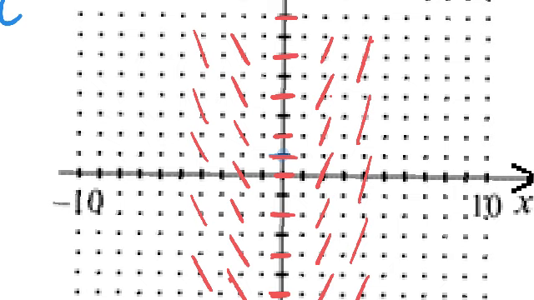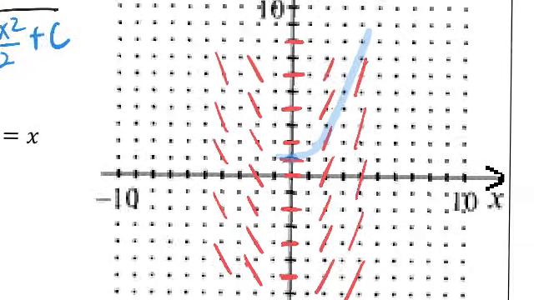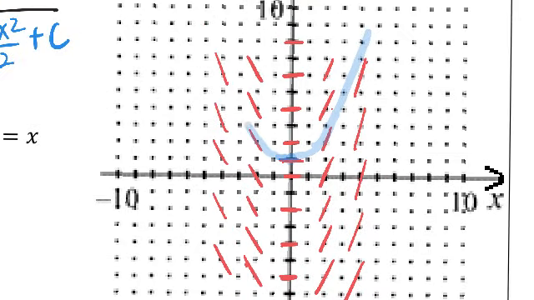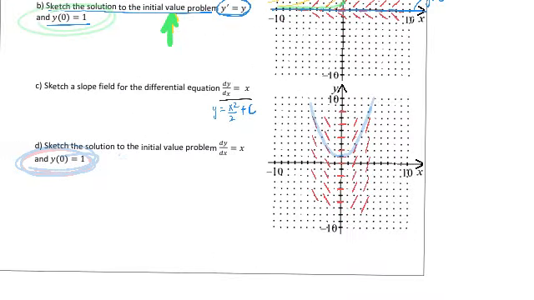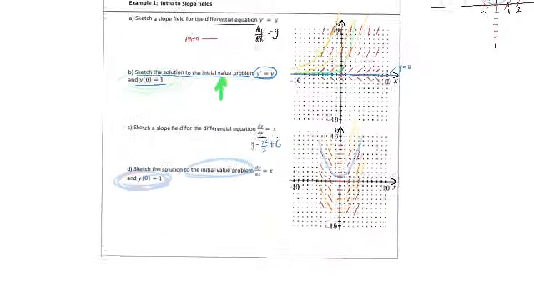So I'd have to start there and then follow that and think about as I'm going, as x is getting bigger, the slopes are getting bigger, and so it's going to end up looking something like this. And then on the other side, it's getting more and more negative, so there it's going to look like that. So that's the specific particular solution to this initial value problem, but recognizing, right, that there are just an infinite number of solutions to this differential equation.